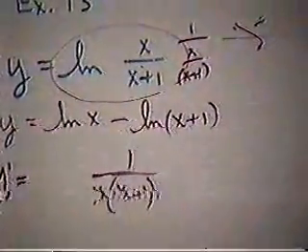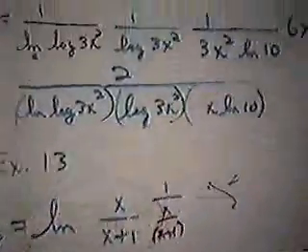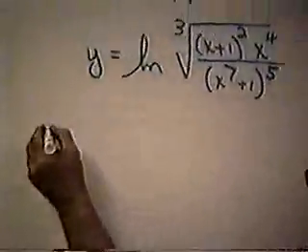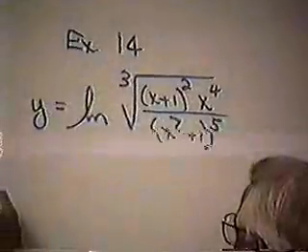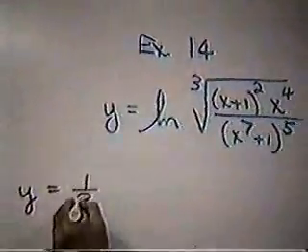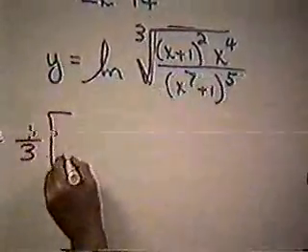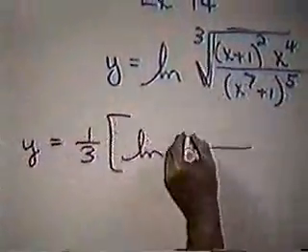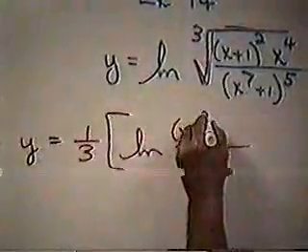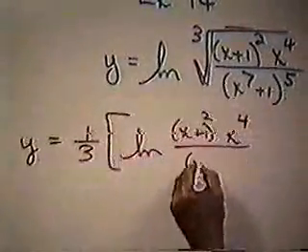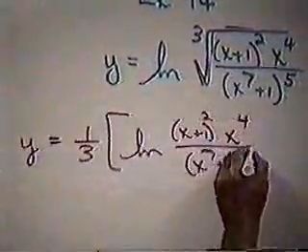All right, for instance, example 14 is showing us that. Here we have the log of something. So we're going to rewrite this as y equals 1/3 times everything. Here's the 1/3, the cube root, of the log of all this mess: (x plus 1) squared, x to the 4th over (x to the 7th plus 1) to the 5th power.